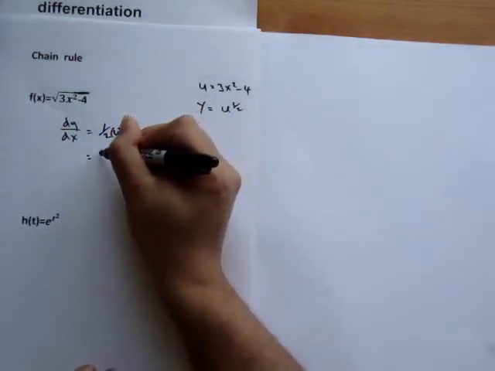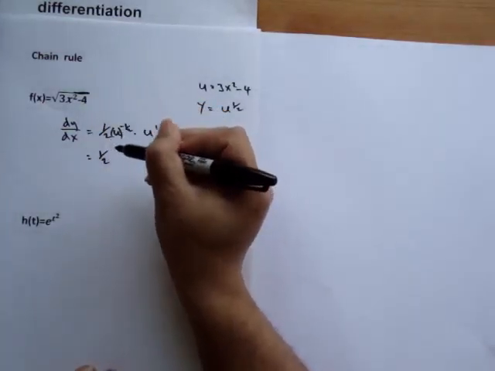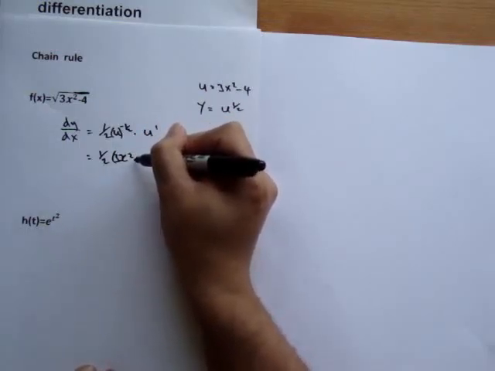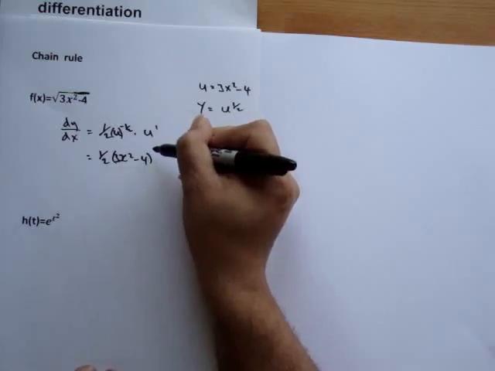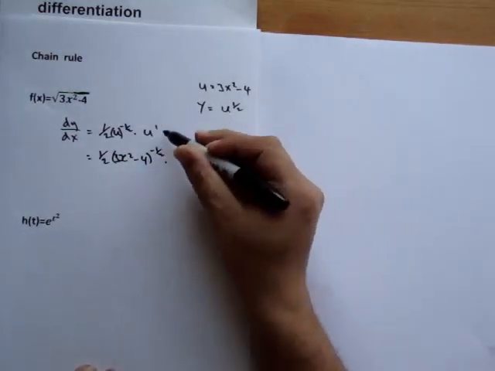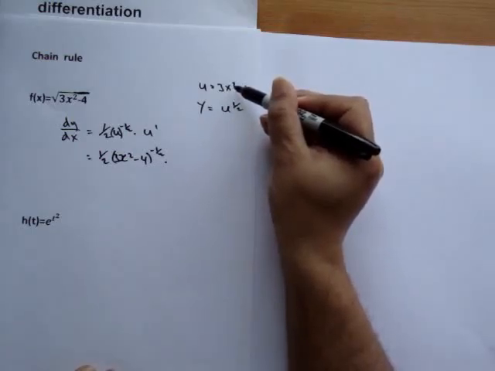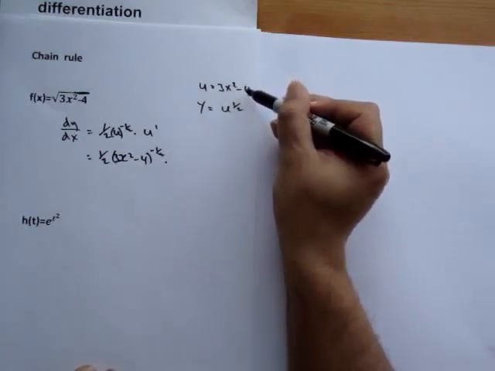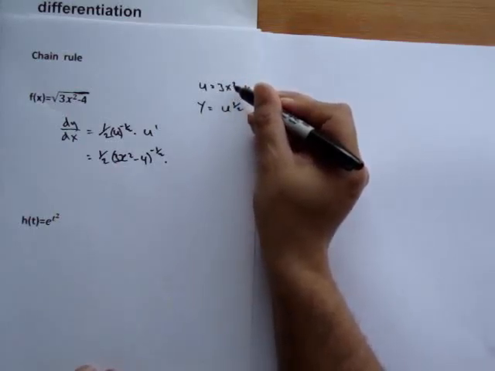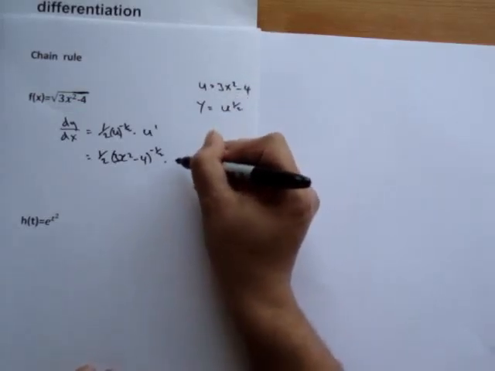Replacing the u's, we have half, and the u was 3x squared minus 4, and we have minus a half as a power, multiplied by u prime, and the u prime, when we differentiate 3x squared minus 4, bring the 2 down, that becomes 6x, 2 minus 1 is x, so that's 6x.